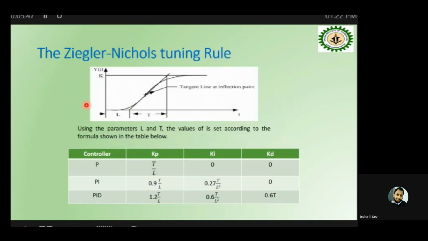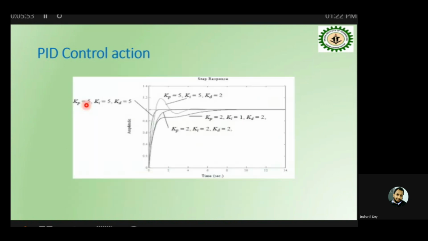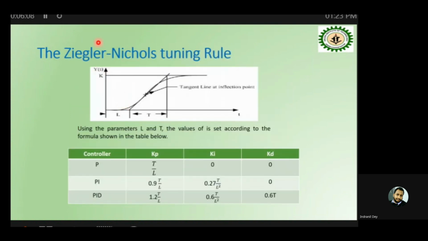So next point, the important thing, the tuning rule. See, these parameters Kp, Ki, Kd, we cannot choose randomly. There should be a technique or a hard and fast rule such that we can get a definite value by calculating something. For that, the scientist Ziegler Nichols has given a tuning rule.